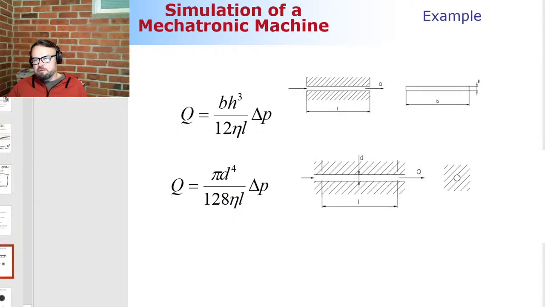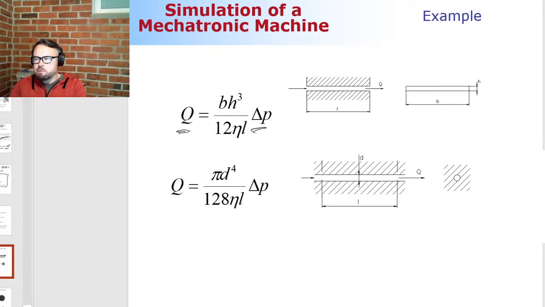This is what you can find from engineering handbooks or something similar. Now, look at this. There are quite a few parameters here. We have flow rate and pressure difference, the major parameters. Then we have some geometrical parameters associated with the size of the drilling or the throttle we are looking at.